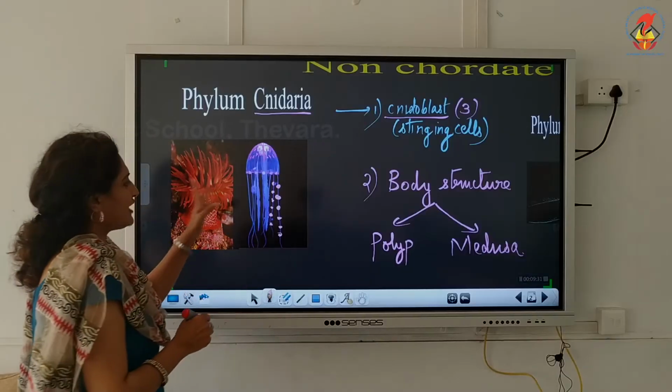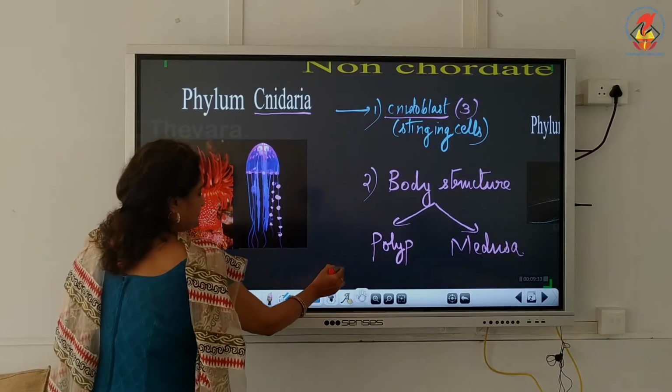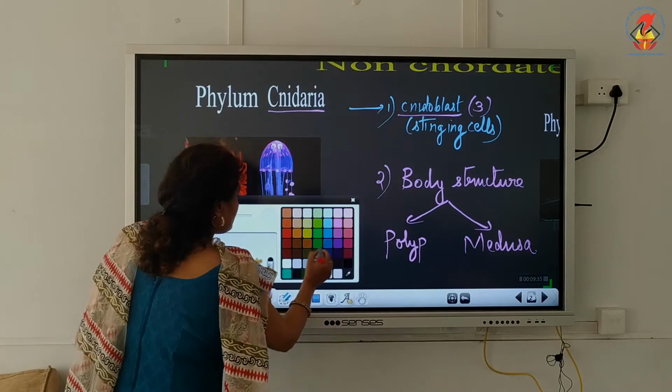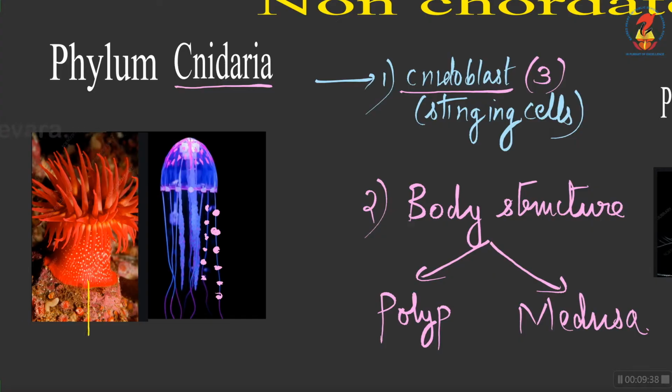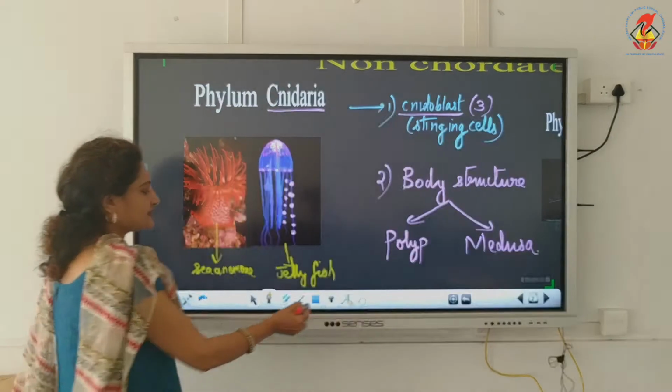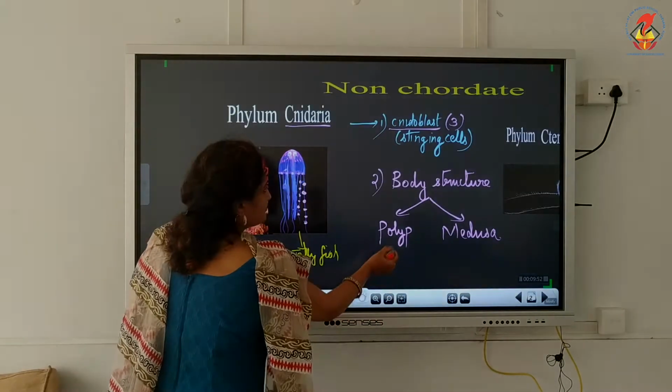I have downloaded 2 examples. One is of sea anemone, so this is sea anemone, and this is the picture of jellyfish. So looking at these 2 examples, we can elicit the difference between the 2 types of forms.